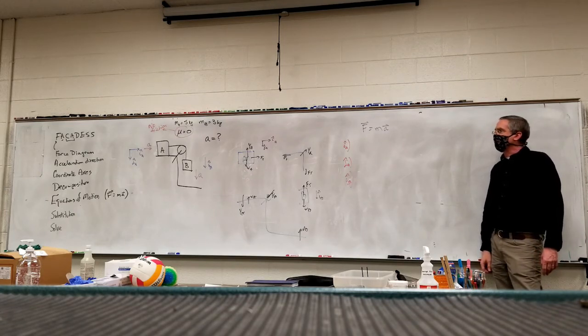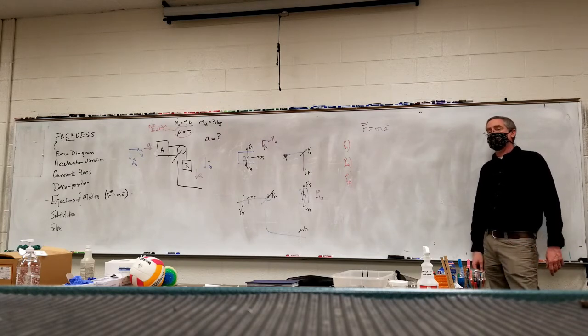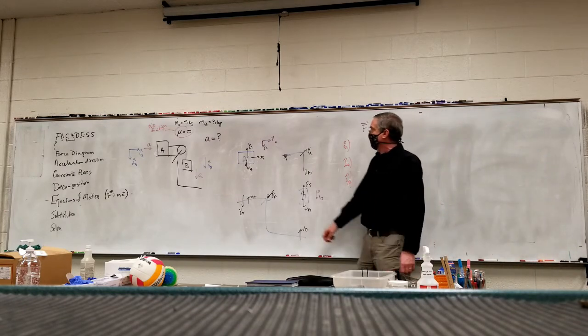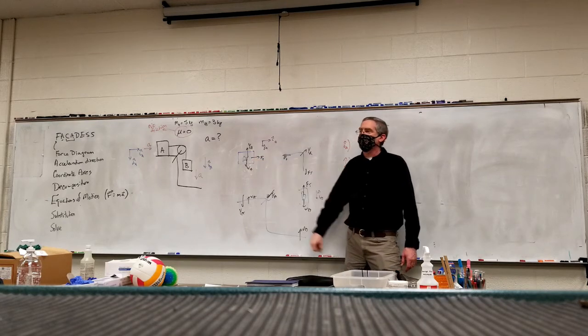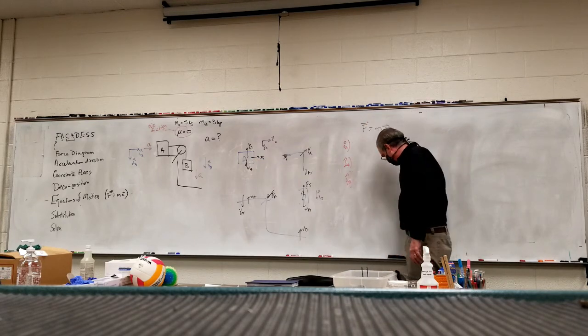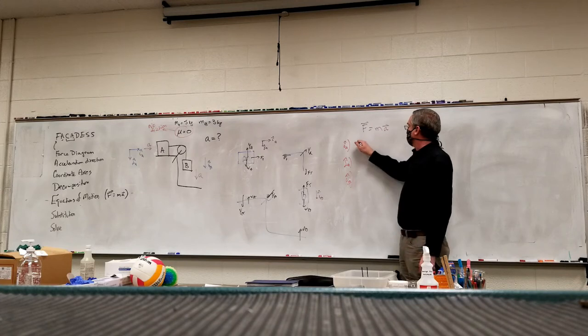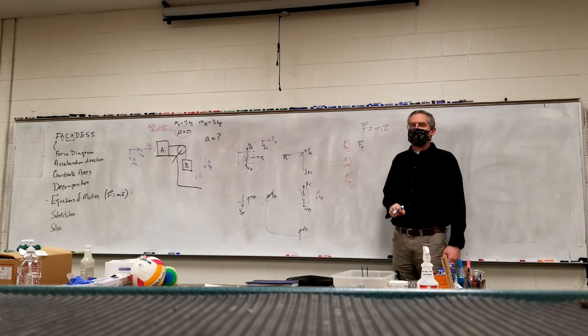We start out with, well, IA is the first one I wrote down, so let's do that one. What are all of the forces in the positive IA direction acting on A? Tension. So I write down tension. What are all the forces acting in the negative IA direction?